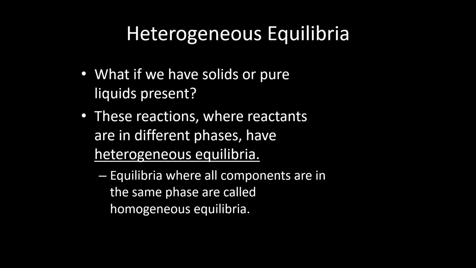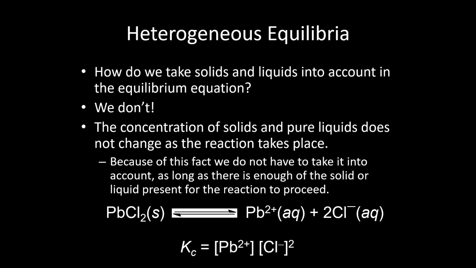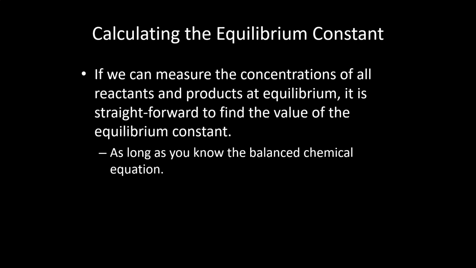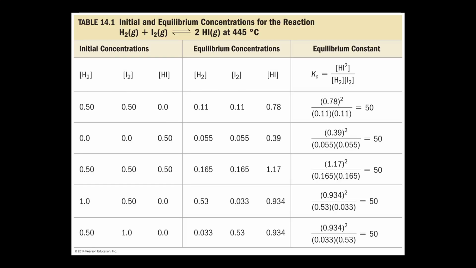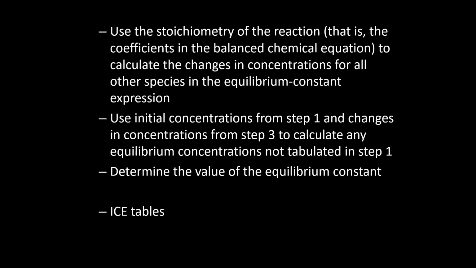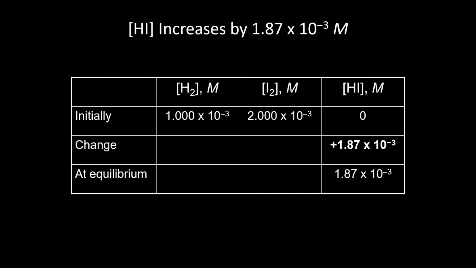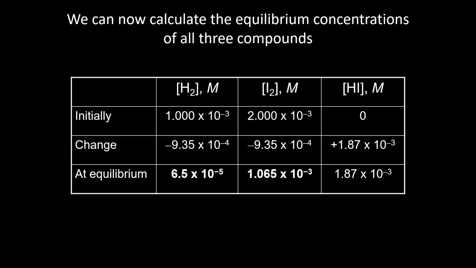Heterogeneous equilibria. You should know how to deal with different phases. So you should know, for example, that solids and pure liquids do not show up in the equilibrium constant or in its expression. Through this whole section here, we are talking about finding Kc, finding the equilibrium constant.